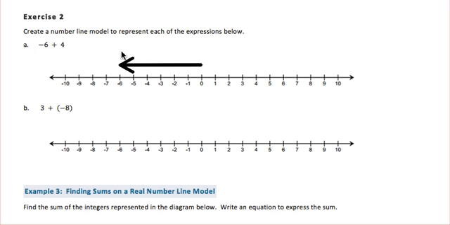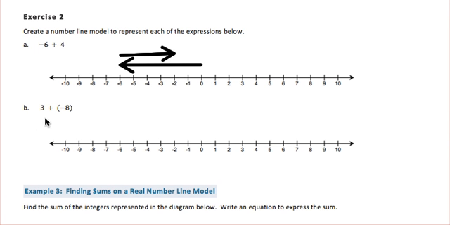So we would count on from -6 and go 4 units to the right, which would land us at -2.